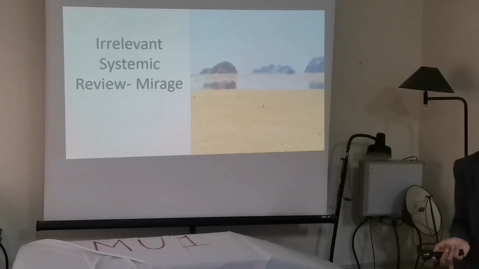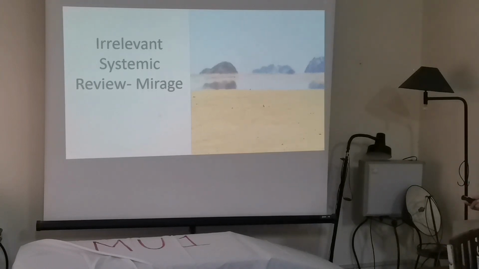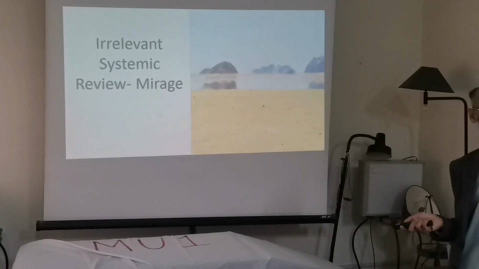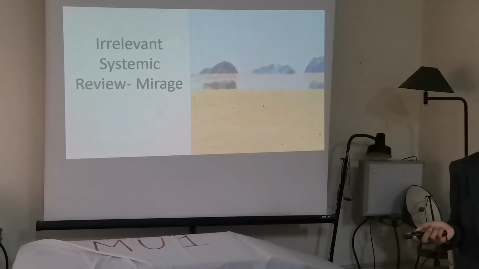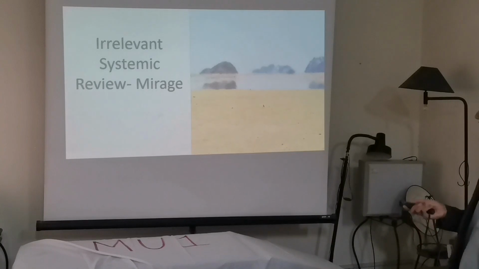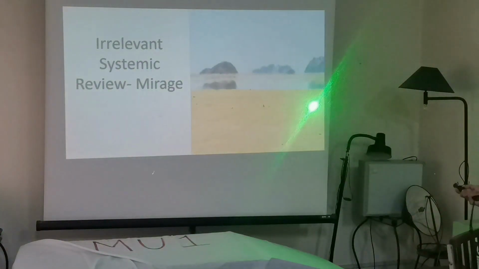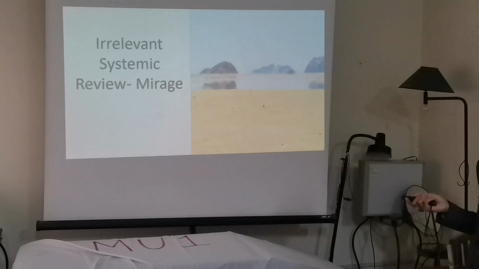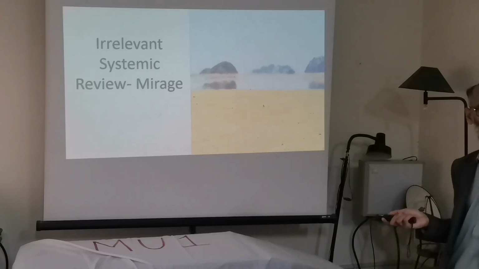हाँ? नजर नहीं आ रहा है? This is mirage, mirage. This is mirage. What do you mean mirage? ये शराब है. This is not pool of water. This is area of desert. This is optical illusion.